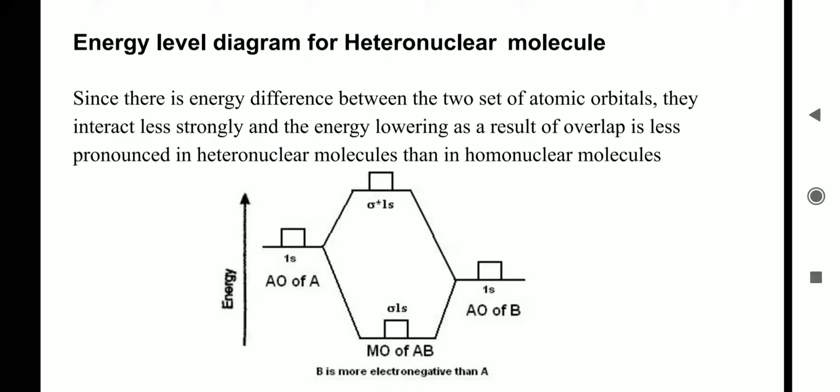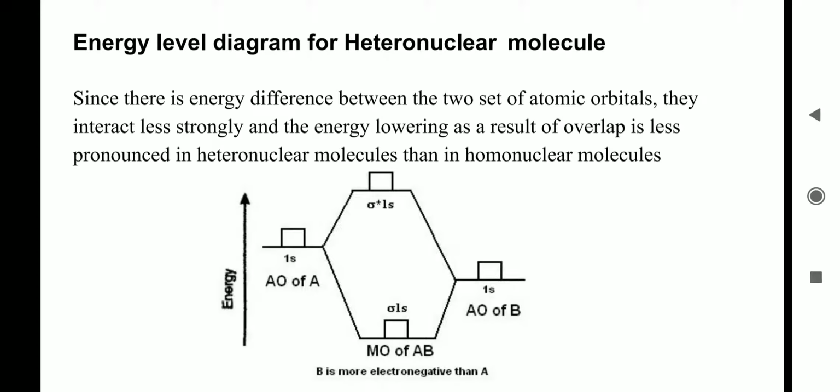Now these two atomic orbitals, though they have a little energy difference, can overlap, and this overlap will result in the formation of two molecular orbitals. One is the bonding molecular orbital, shown by the symbol sigma 1s, and the other is sigma star 1s, the anti-bonding molecular orbital.